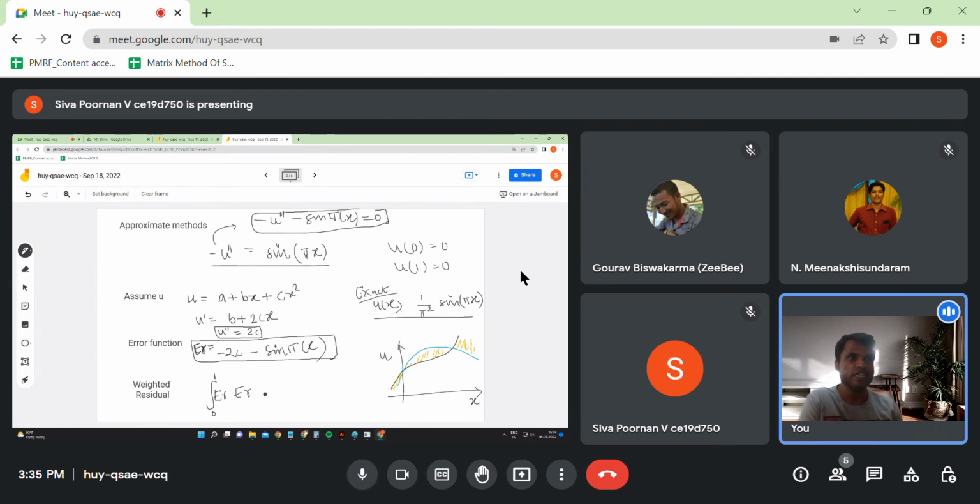This error into error function, summed up for dx, if we minimize this, then we are good to go, right? This is what we want to do. We want to minimize this area. Why error into error? So that it becomes error square, which will always be positive irrespective of whether it's negative or positive, right? So we will just denote this whole thing as error square.